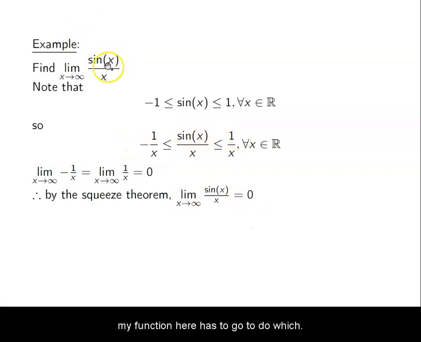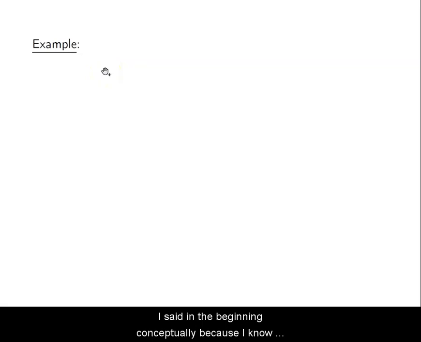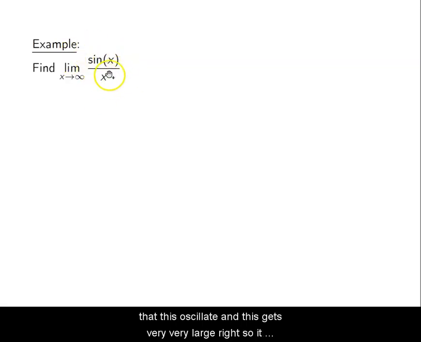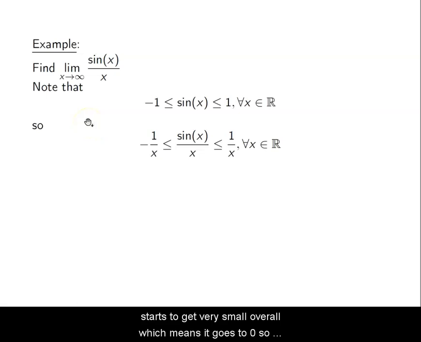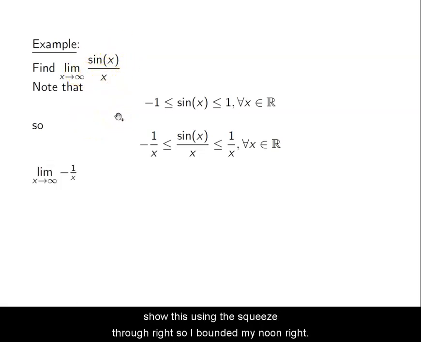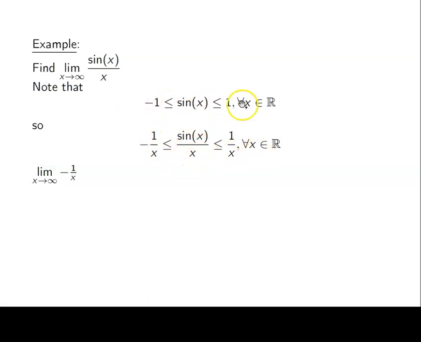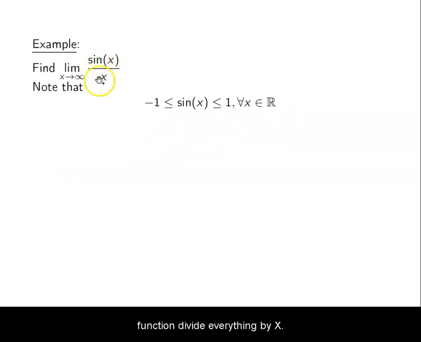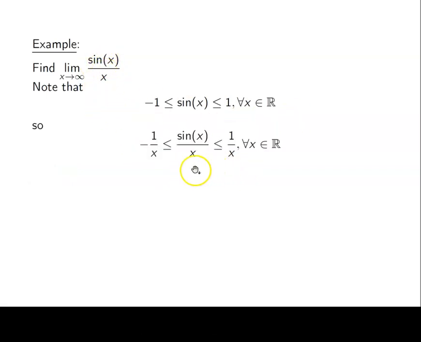Which I said in the beginning conceptually, because I know that this oscillates and this gets very, very large, so it starts to get very small overall, which means it goes to 0. So instead of looking at this conceptually, we decided to show this using the squeeze theorem. I bounded my numerator, then I manipulated those bounds so that it looks like my function, dividing everything by x.